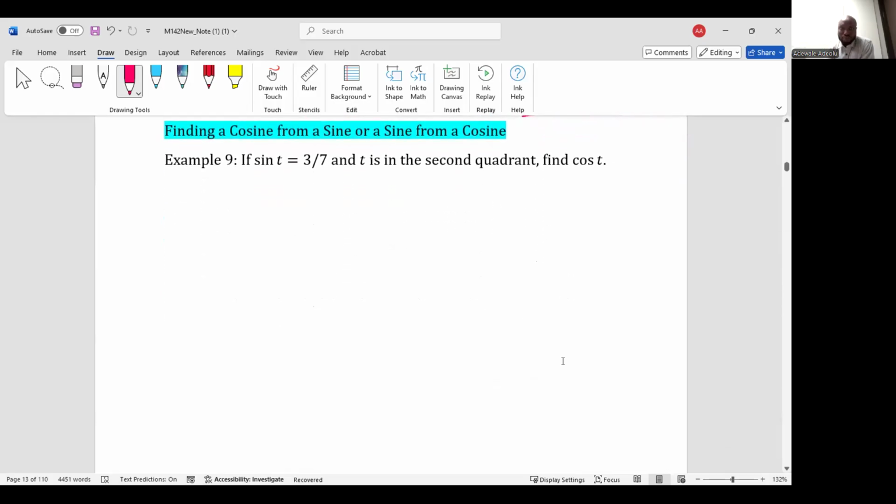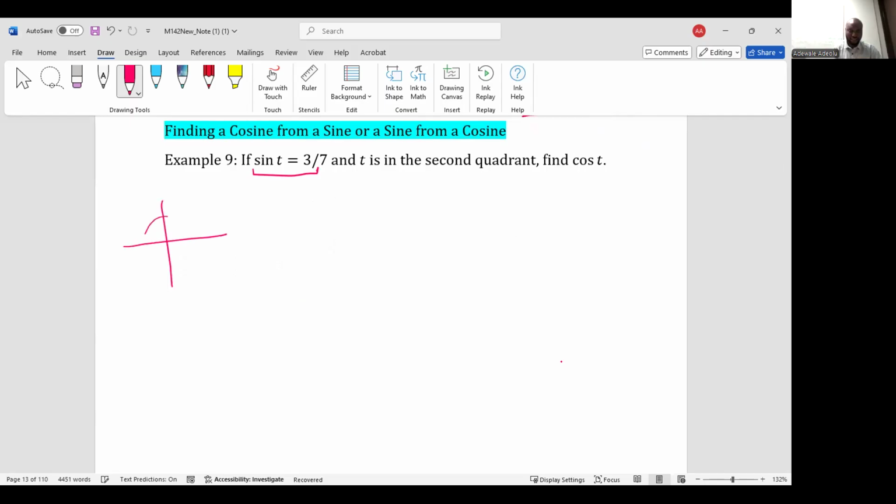Okay, let us solve some problems. Finding a cosine from a sine or a sine from a cosine. What does that mean? Suppose sine of some angle t is 3/7, and that angle has its terminal side in the second quadrant.